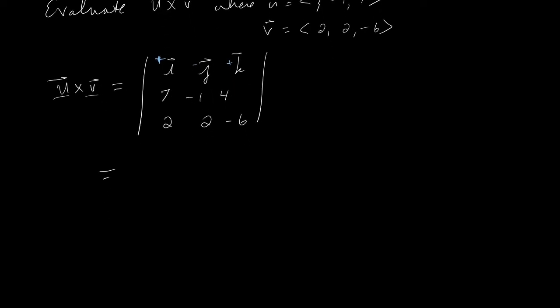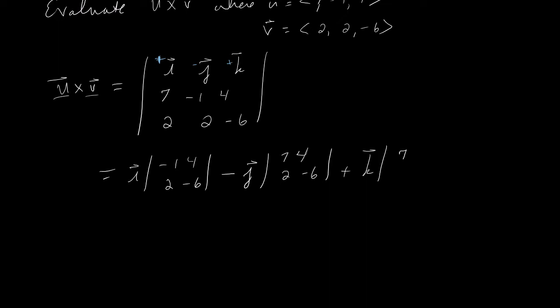By cofactor expansion, we're going to have i times the determinant of -1, 4, 2, -6. So I'm ignoring the row and column that i is in and looking at the 2x2 matrix that is left. Minus j times the determinant 7, 4, 2, -6, plus k times the determinant of 7, -1, 2, 2.